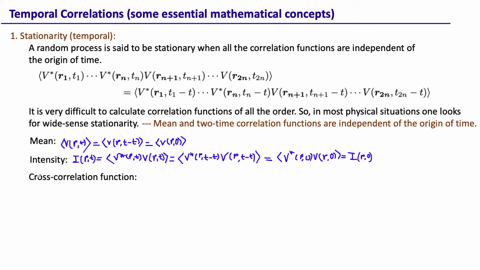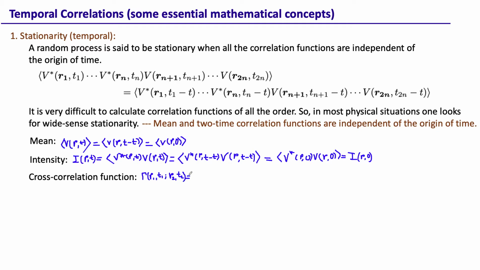Now, what about the cross correlation function? What does it mean for it to be independent of the origin of time? Let's take the more generic one, gamma R1 T1, R2 T2.